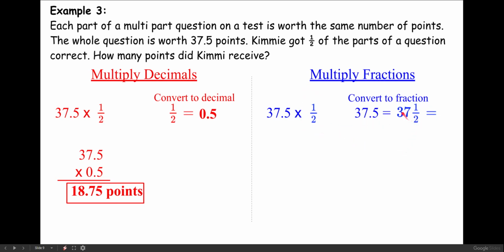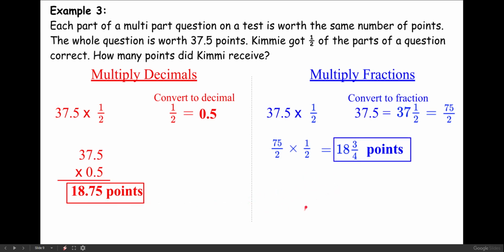So 2 times 37, and then you're going to add that 1. You end up with 75/2. So now we're replacing 37.5 with 75/2. You're going to multiply that by 1/2. 75 times 1 is 75. 2 times 2 is 4. And then once you turn that into a mixed number, again, you end up with 18 3/4 points, which is the same thing as 18.75 points.